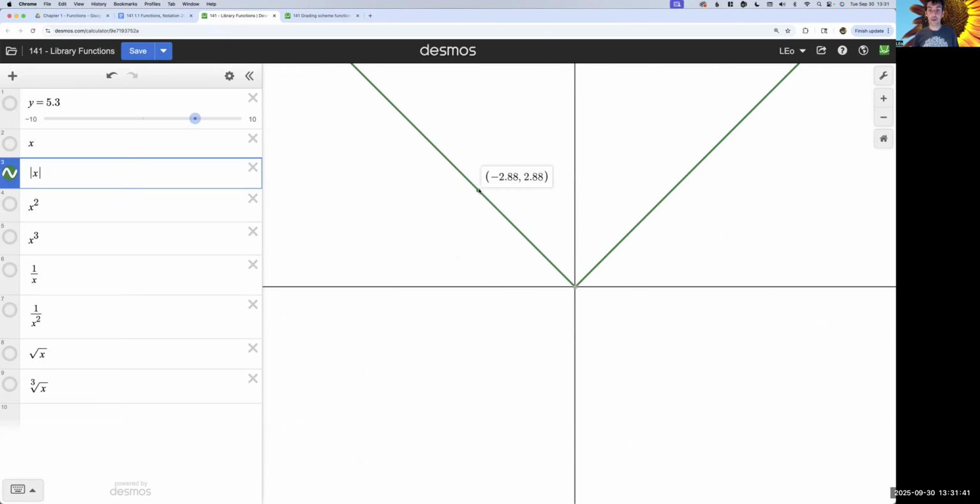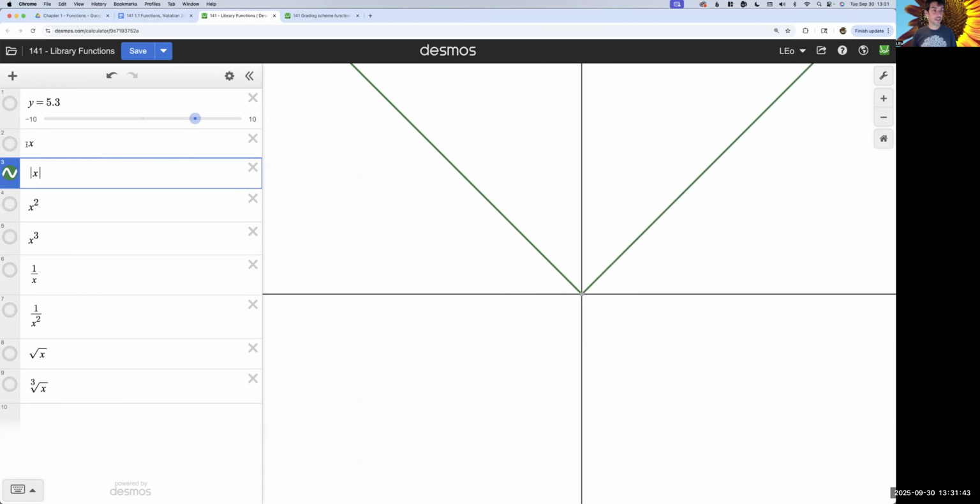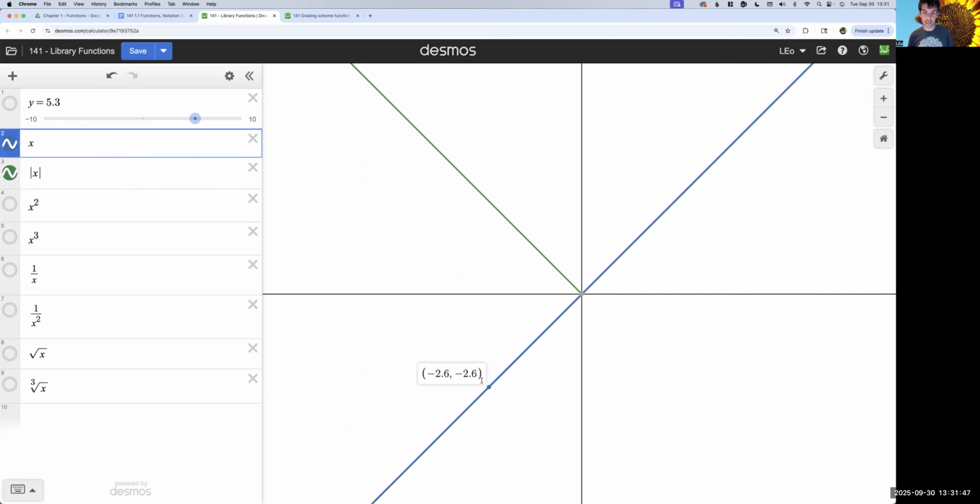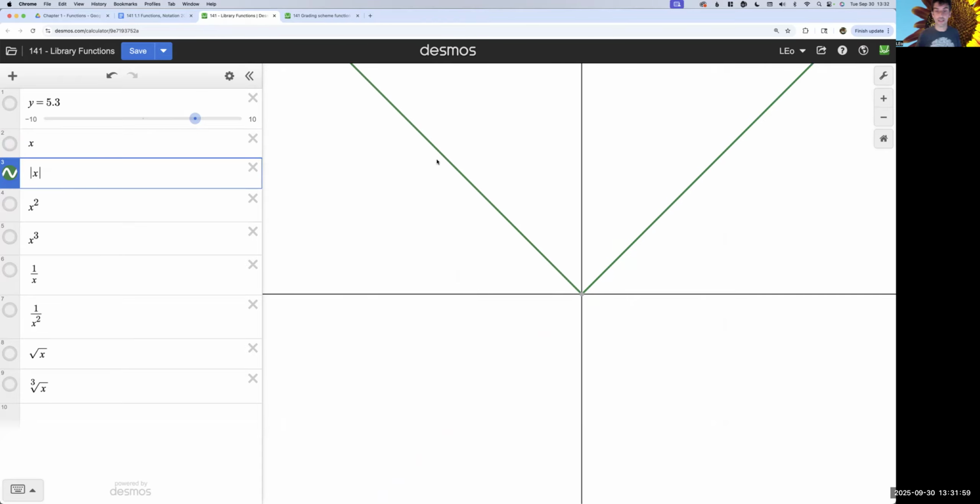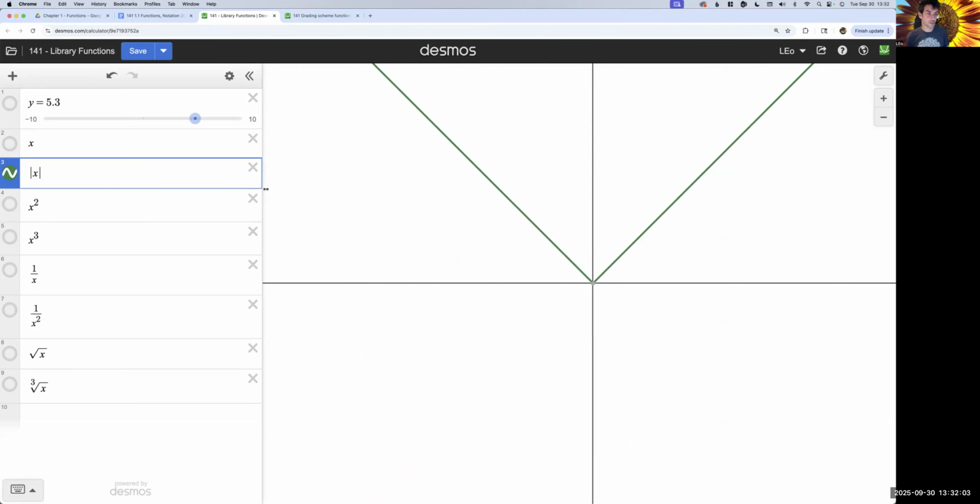On the other hand, when you put in a negative number, the absolute value multiplies that by a negative, makes it a positive, and so you get the same value except now positive. So we get this characteristic V shape. It's our absolute value function.